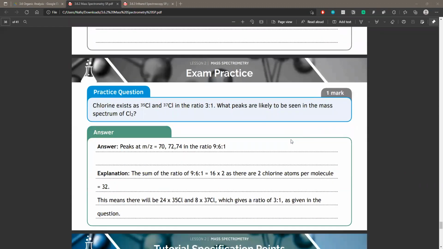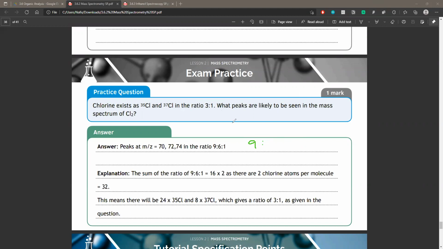We would basically expect peaks because, remember, chlorine exists as Cl2. We would expect therefore peaks at 70, where there's two 35s, 72, where there's a 35 and a 37, and 74, where there's two 37s. Because the ratio is 3 to 1, a 35 and a 35 is going to be 9 of them.